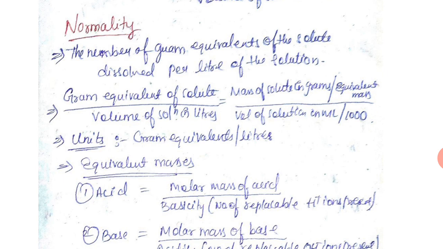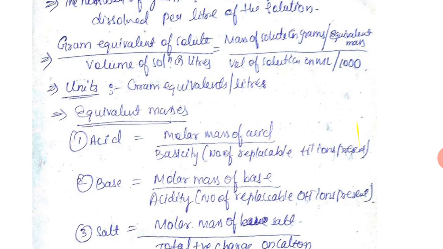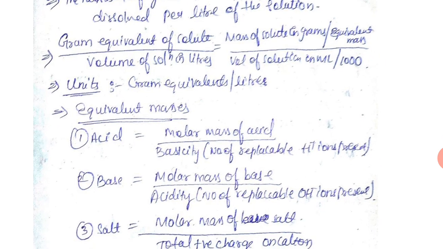Normality is equal to gram equivalent of the solute by volume of the solution in liters, which is equal to mass of solute in grams by equivalent mass, whole divided by volume of the solution in ml by 1000. So the unit is gram equivalent per liter.